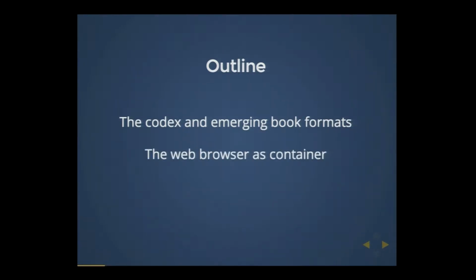We want to look at the newer, or new possible, container for the book as the web browser itself. That's our medium, that's our canvas. As we initially sketched out the proposal for Access, we thought a lot of our work would focus on front-end development, what kind of markup is needed, what kind of CSS is needed.